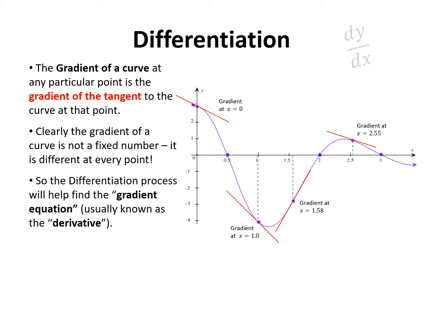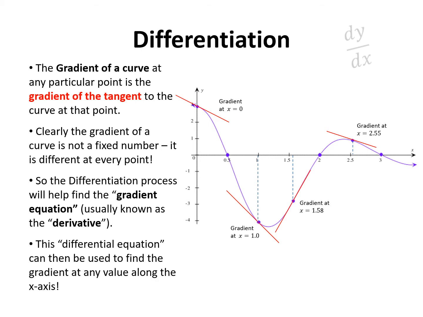The differentiation process helps us find the gradient equation. It's usually known as the derivative. This gradient equation can then be used to find the gradient at any value, at any point, any x value along that curve.